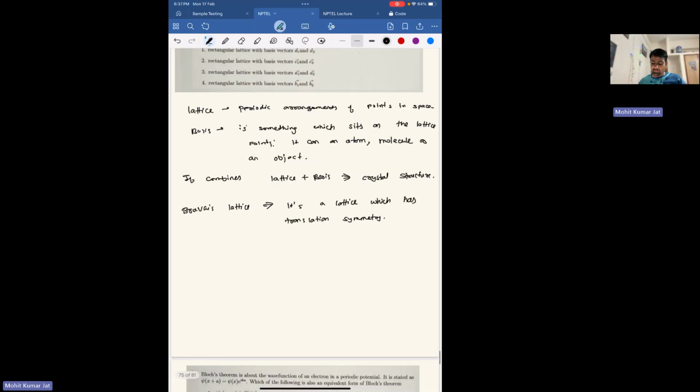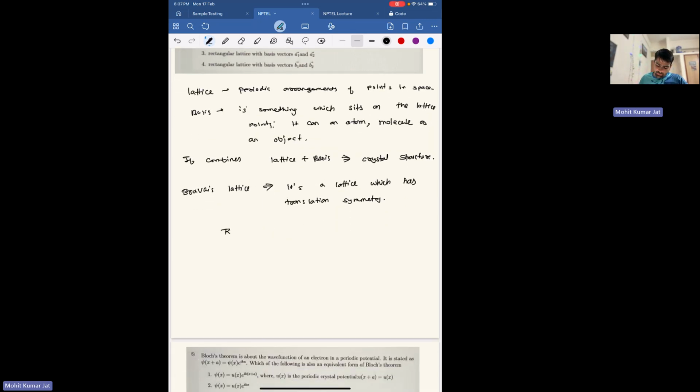The reason is that in a Bravais lattice, R equals n1 times A1 plus n2 times A2 plus n3 times A3. R is the translation vector, n1, n2, and n3 are integers belonging to Z, and the ai's are the lattice vectors.